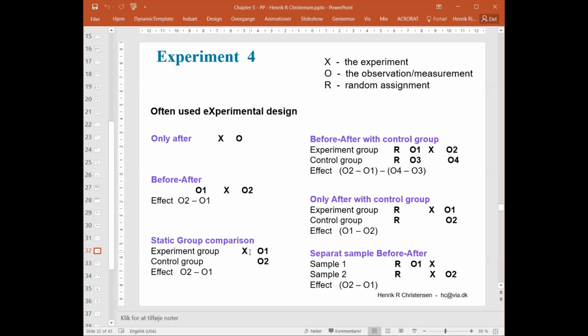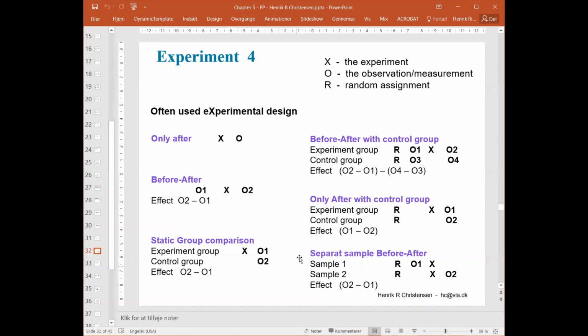We do the experiment and then we measure. But we also have a control group that we, of course, have an opinion about, basically comparable to group number 1. And if we can have a change here, then we might be able to talk about a specific effect. But there are also problems with that one.